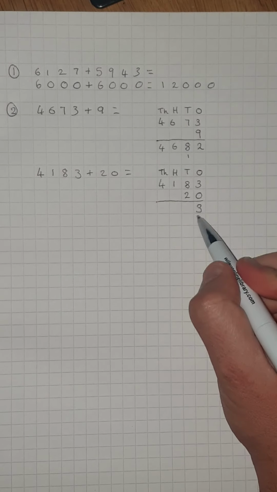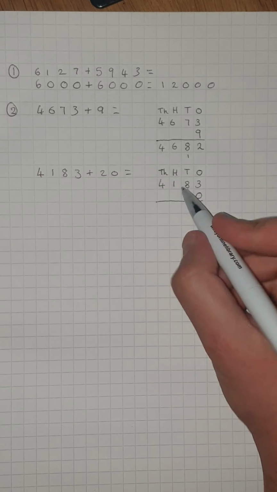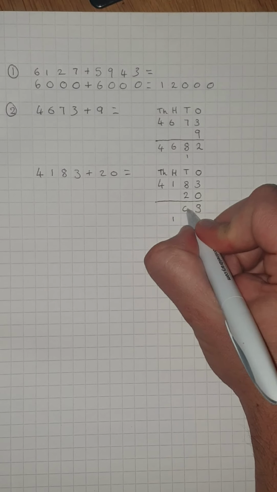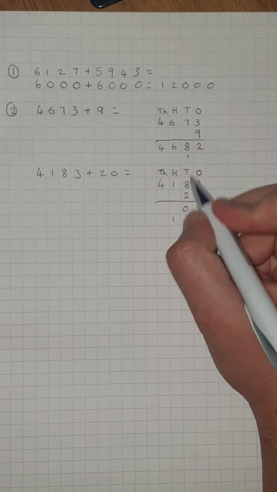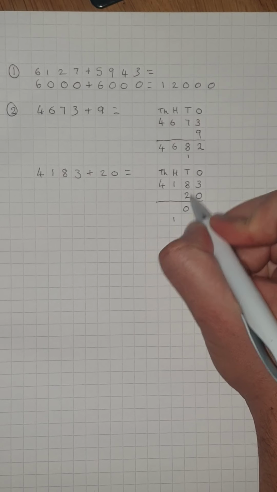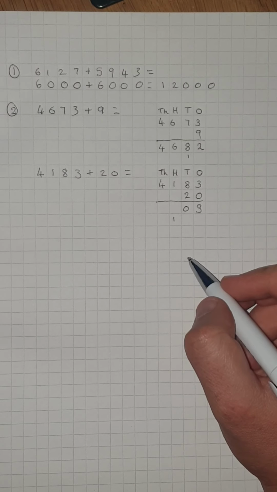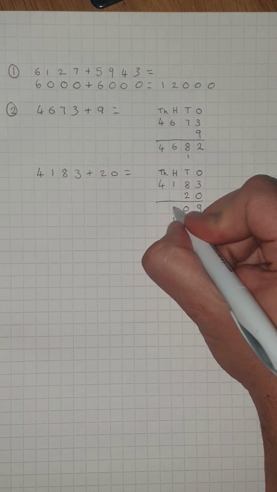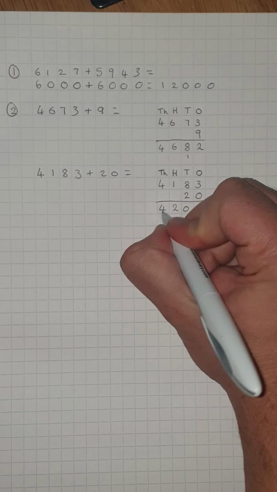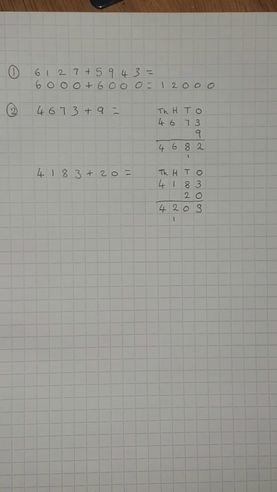That's demonstrating no exchange from ones to tens. 8 plus 2 is 10. 1 plus 1. So we've exchanged that 10 tens for 1 100. 1 plus 1 is 2. 4 plus nothing is 4.